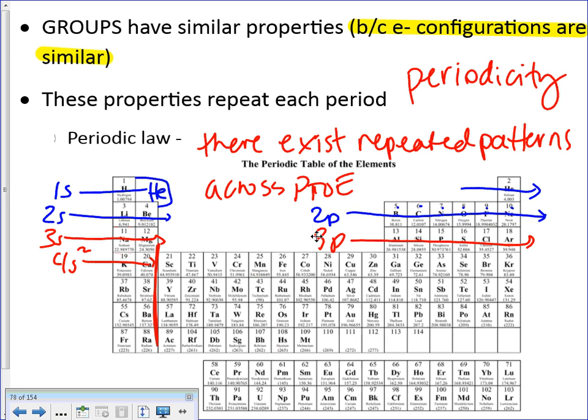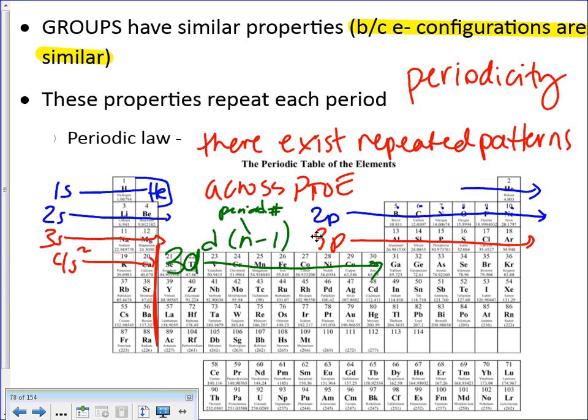When you get to the D block, do n minus 1. N is the period number. So instead of saying 4d10, we're saying 3d10. That's only for D block though.